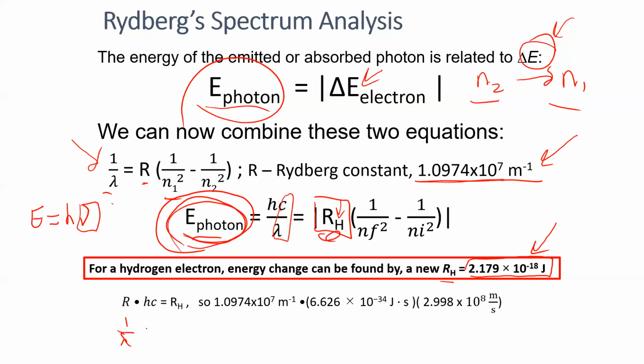How do I get this equal to energy? I have to multiply this by Planck's constant and the speed of light, and then that would equal energy. So we take Rydberg's initial constant, multiply it by Planck's constant and the speed of light, and I end up getting the 2.179 times 10 to the minus 18 joules.